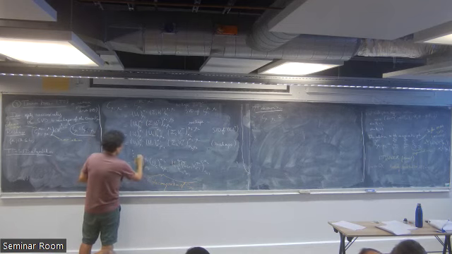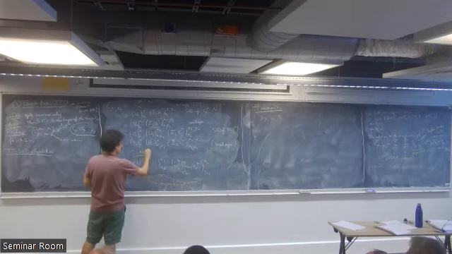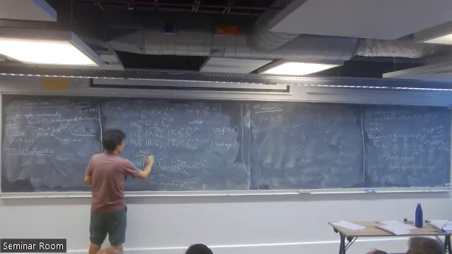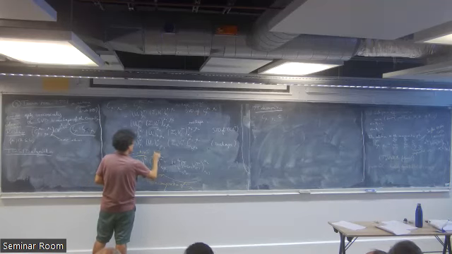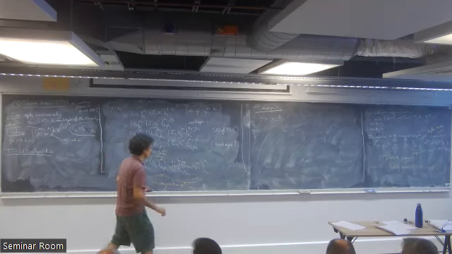I can write it in yellow. This thing, I will call it A1 of mu1, which has then an index alpha 1. Here, this thing, I will call it A2 of mu2, alpha 1, alpha 2, and so on and so forth.